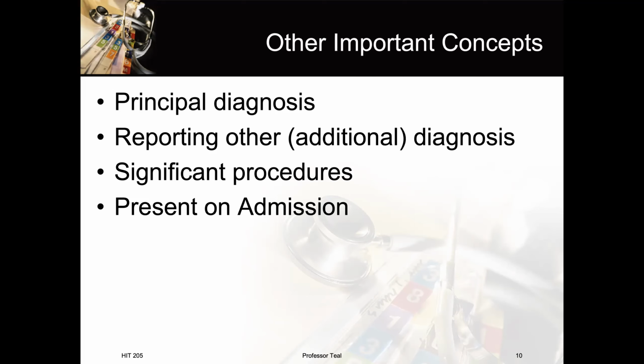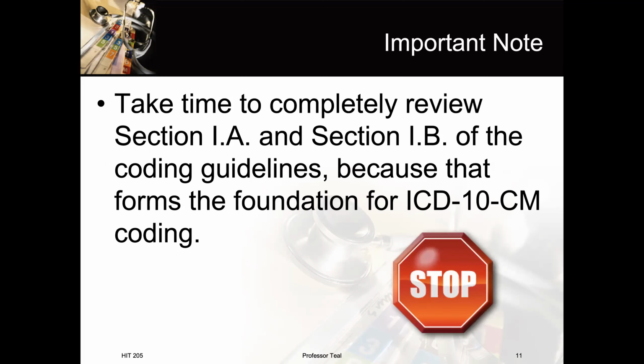So again, review the ICD-10-CM official guidelines for coding and reporting, especially section 2, selection of principal diagnosis, and section 3, reporting additional diagnoses. I want to reiterate that you must be sure to take the time to completely review section 1A and 1B of the ICD-10-CM official guidelines for coding and reporting, because that forms the foundation for ICD-10-CM coding.